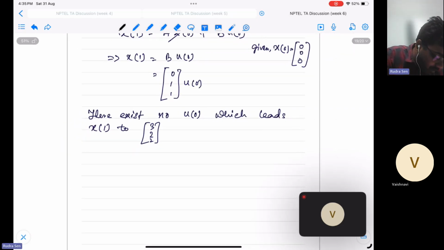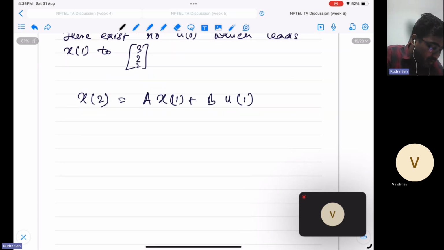Now check the next time step, x2, which is basically A of x1 plus B of u1. So what is A of x1?